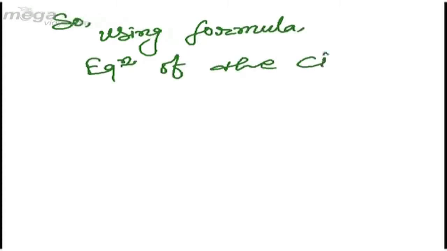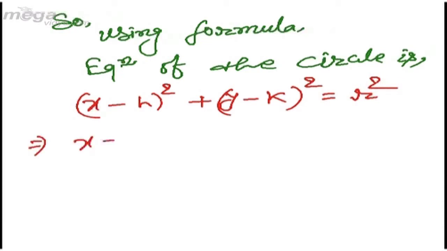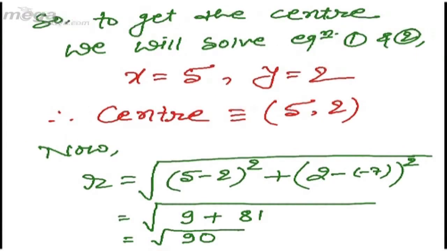Using the formula, the equation of the circle is (x minus h) whole square plus (y minus k) whole square is equal to r square. Instead of h, because it's the center, we will put 5, and instead of k, we'll put 2.